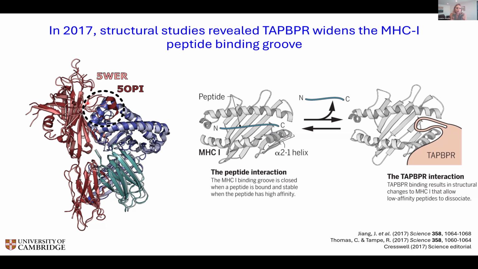So this loop region that we've worked on, thinking it's been involved in peptide loading onto MHC class 1 and dissociating the peptides, we like to think that the loop can fit inside the MHC class 1 peptide binding groove to function in dissociating peptides. But there's also the concept that the TAPBPR loop might function as a peptide trap that helps to push peptides onto the class 1 molecules too. So there might be multiple different functions for this TAPBPR loop region in the editing process.